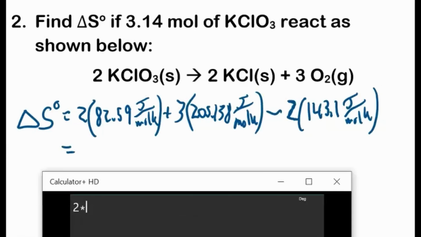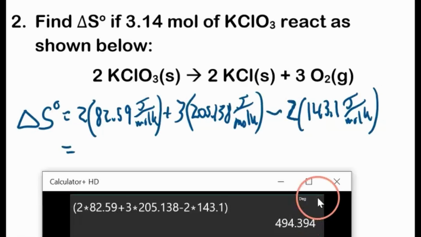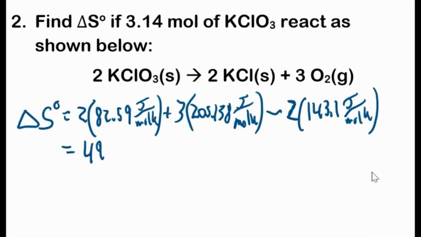This is our halfway step, and I'll explain why once I get through this. 85 plus 3 times 205.138 minus 2 times 143.1. Okay, so 494.394. That's neat. 494.394 joules per mole Kelvin. And we have 1 decimal place of precision because we're adding them up.